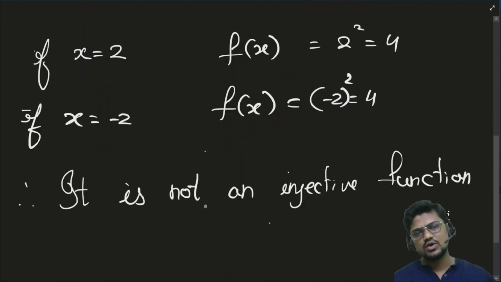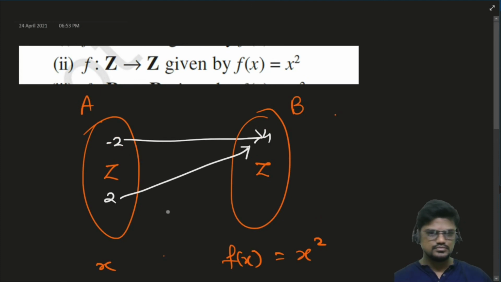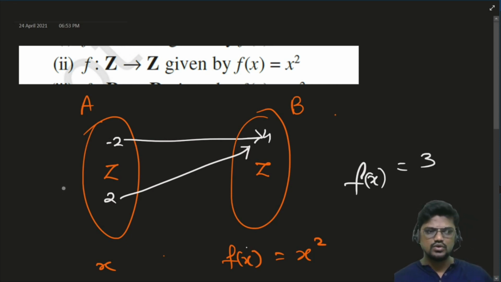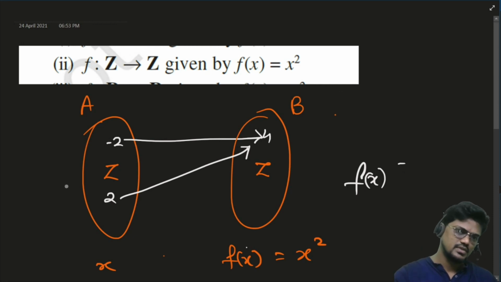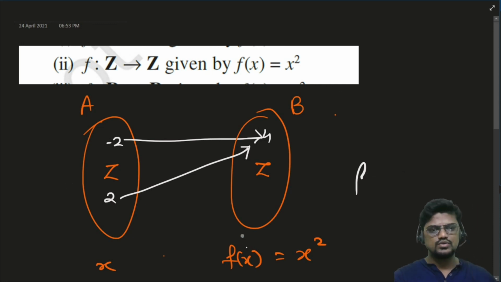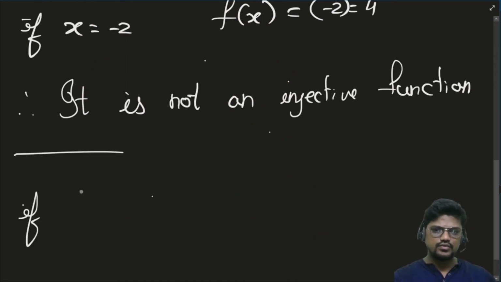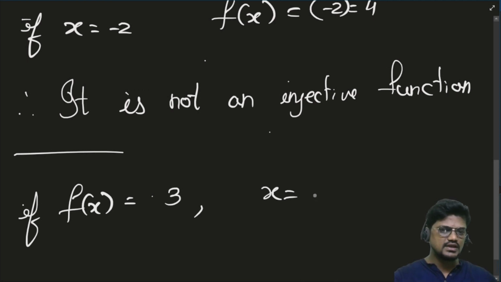Now whether it is an onto function, for that I will have to reverse it, right? So for any value of integer, will I get any integer? See, if I write f of x is equal to 3, so will I get an integer under root of 3? No, it is not an integer, right? So next, if my f of x is equal to 3, then x is equal to what?